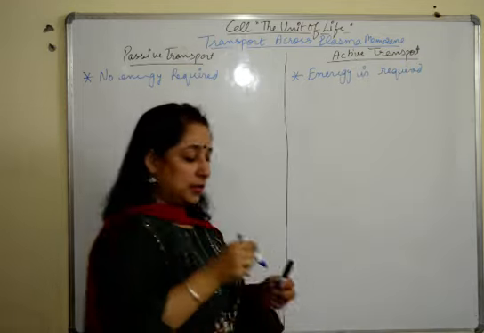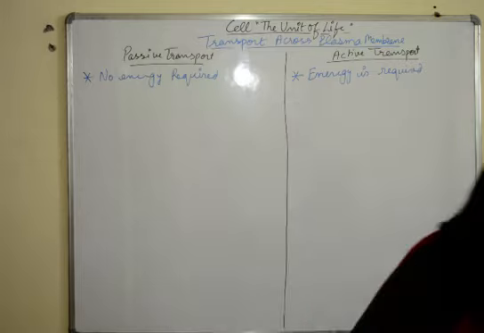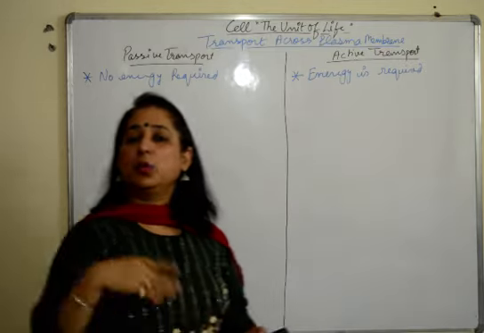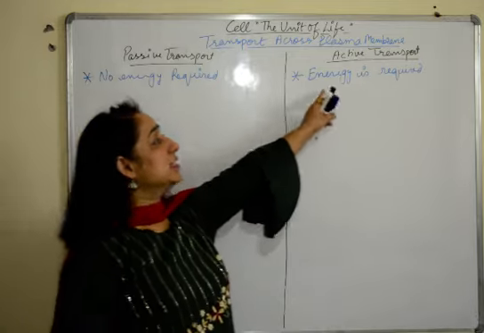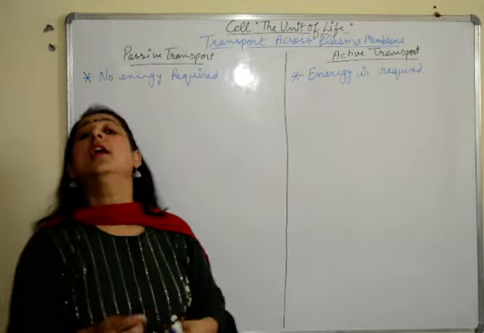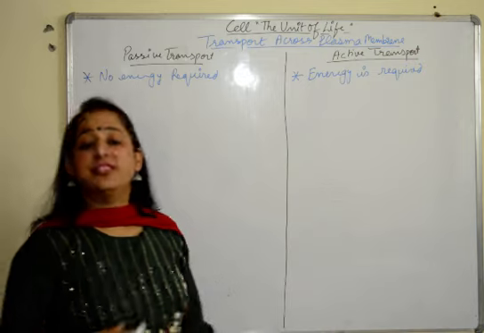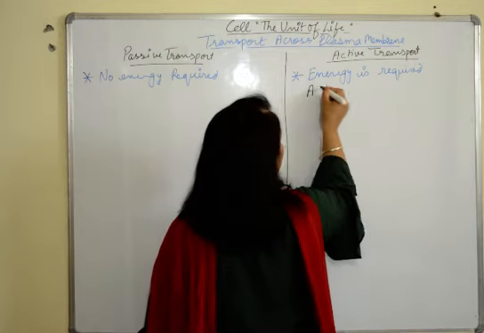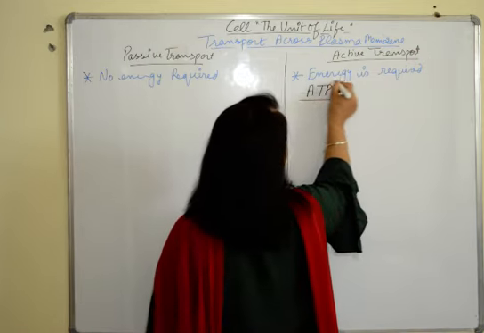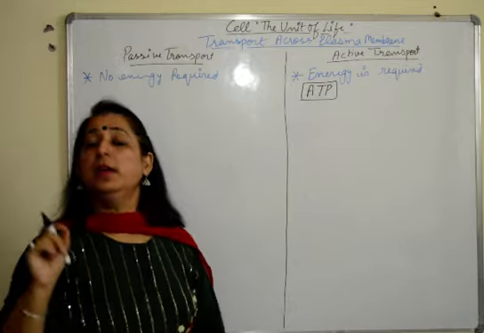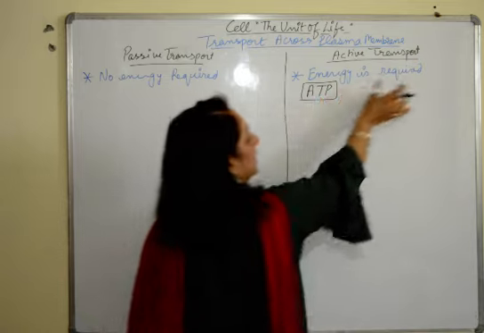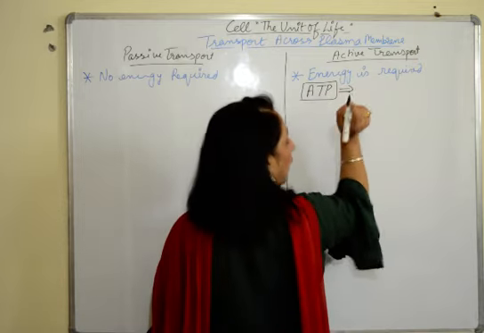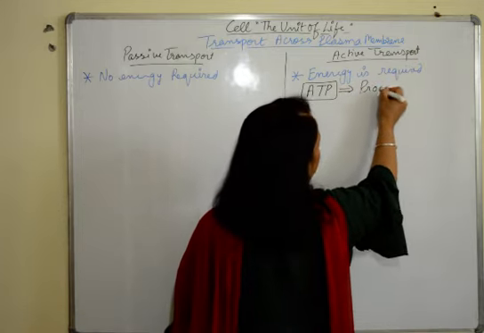So in order for these processes to take place, energy is required here in active transport. What type of energy, in which form? Of course it will be in the form of ATP. We all know ATP are the energy molecules in the organisms. So energy is required in the form of ATP to undergo these processes.